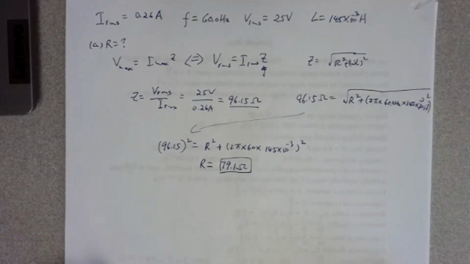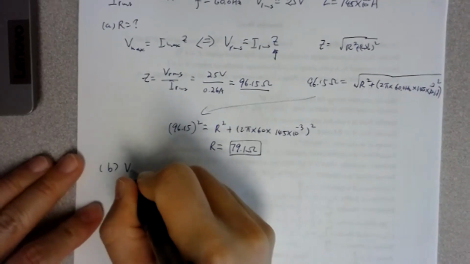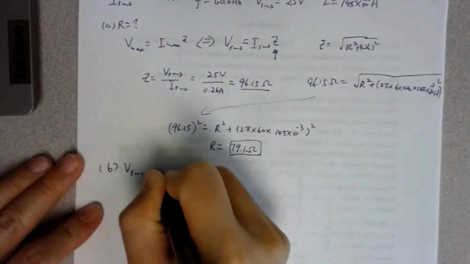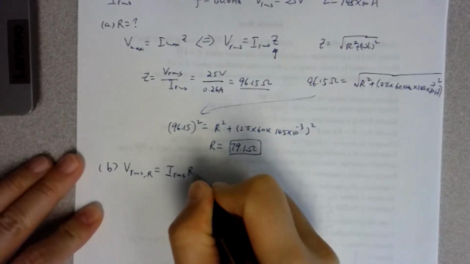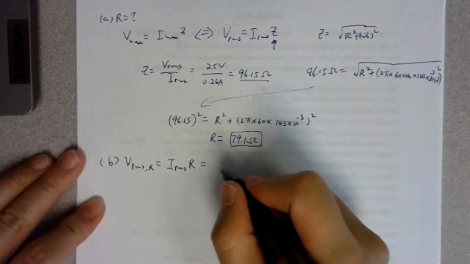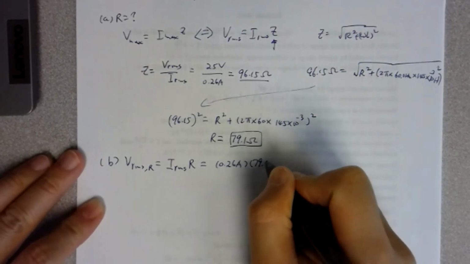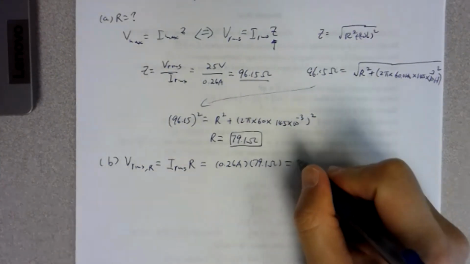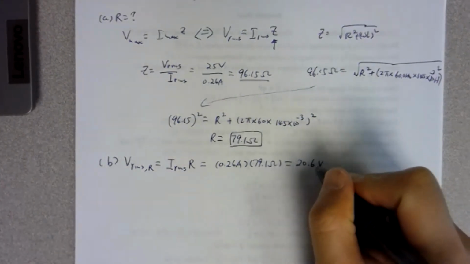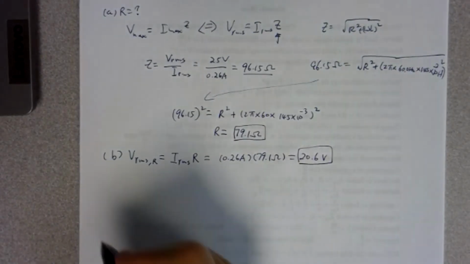So once we have that, for B, the VRMS on the resistor should be just equal to IRMS times R, okay? So 0.26 amps times that 79.1 ohms. That gives you about 20.6 volts. Now C, find the RMS voltage across the inductor.